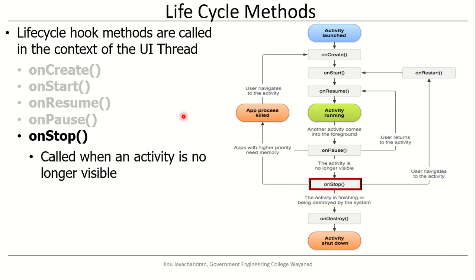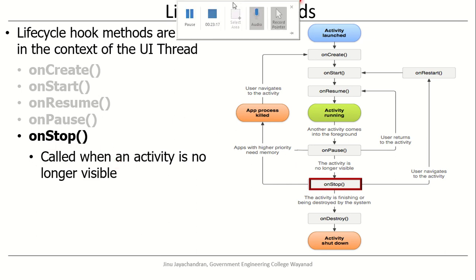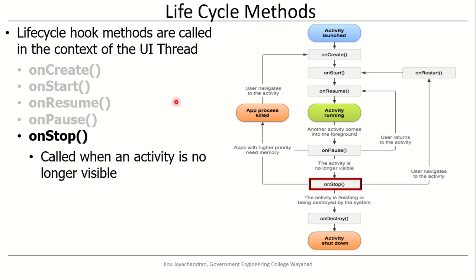Now let's say the user presses the back button. When the user presses the back button, the onStop callback will be called, when the application goes to the stop state.